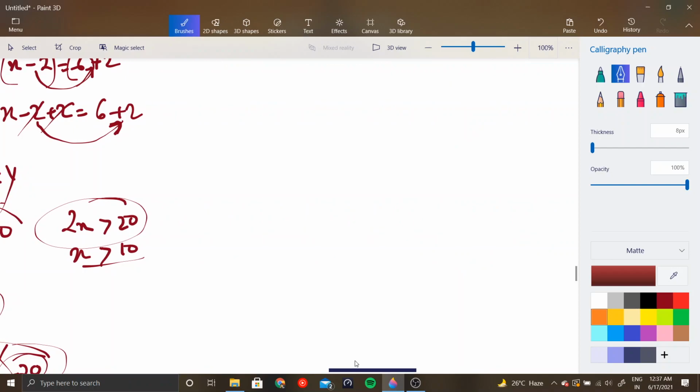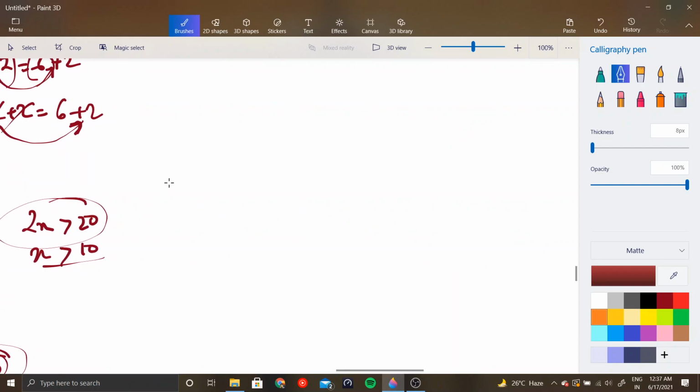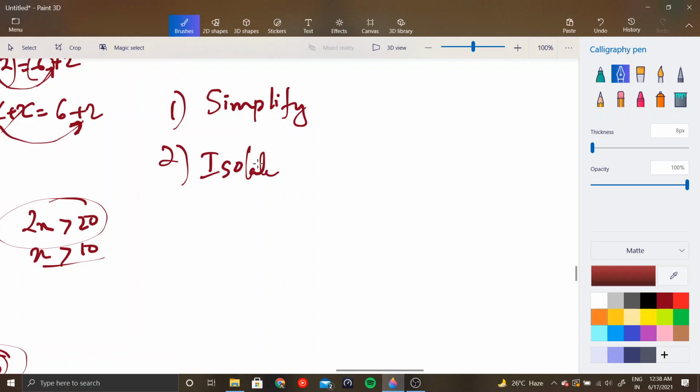How do you go about solving a complex inequality? Okay. The first step is simplify, right? Remove fractions, reduce it to the lowest form, and you are done. First simplify, then isolate the variable. What it means is, suppose you have 2x minus 3 by 4 greater than 8.